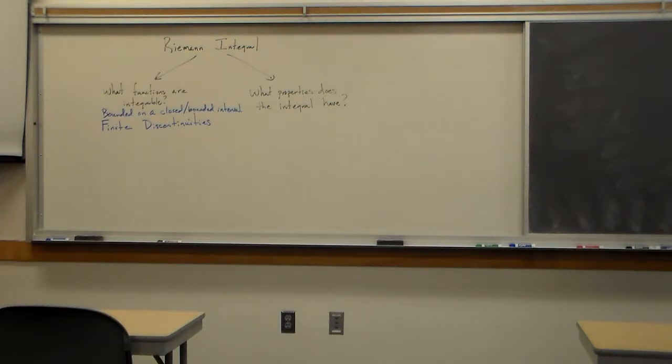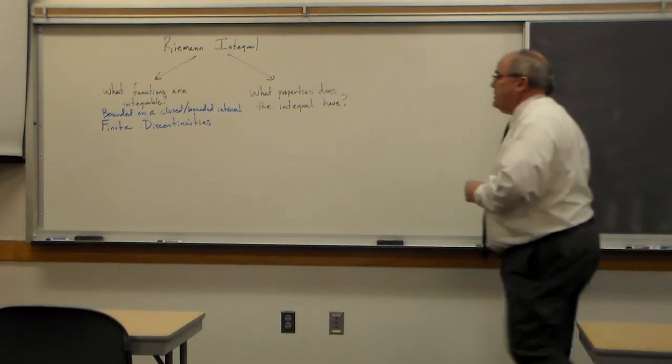As you know from calculus, you did integrals over unbounded intervals. And as we'll see, there's an example in the book, you can have a countable number of discontinuities, you can actually have an uncountable number of discontinuities, and still be Riemann integrable.